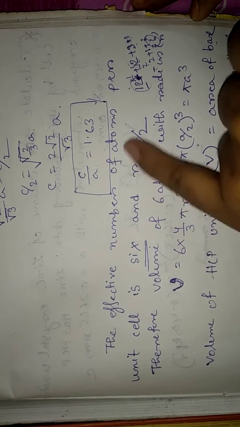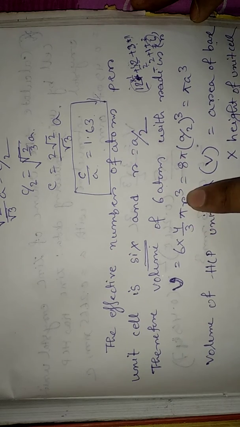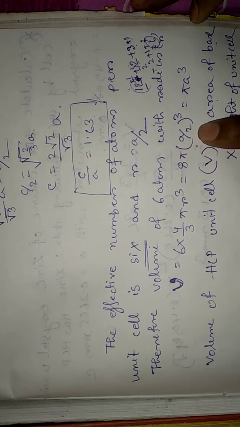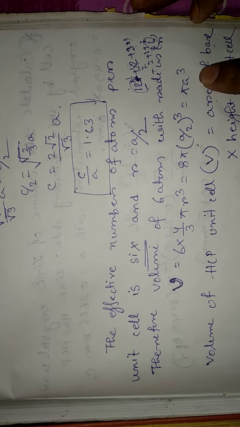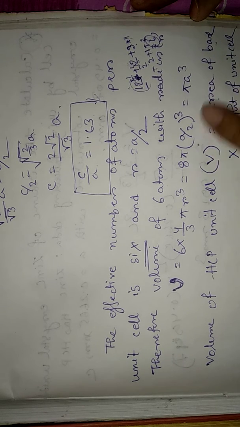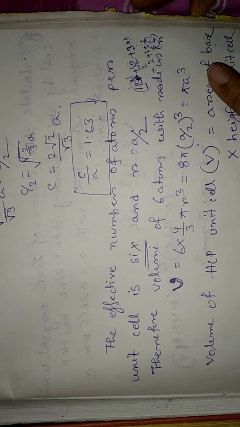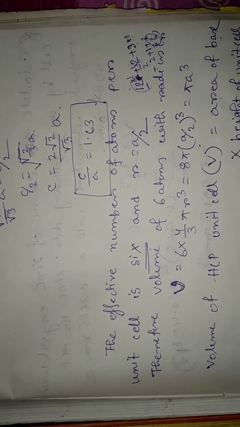Now, with R equal to A by 2, the volume of 6 atoms with radius R will be pi A cube, where A is the distance between two atoms.